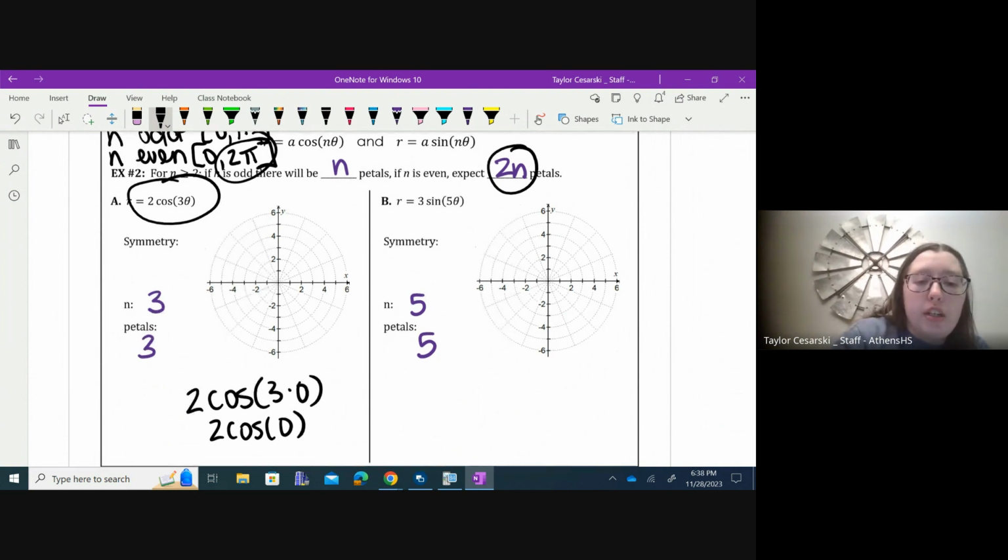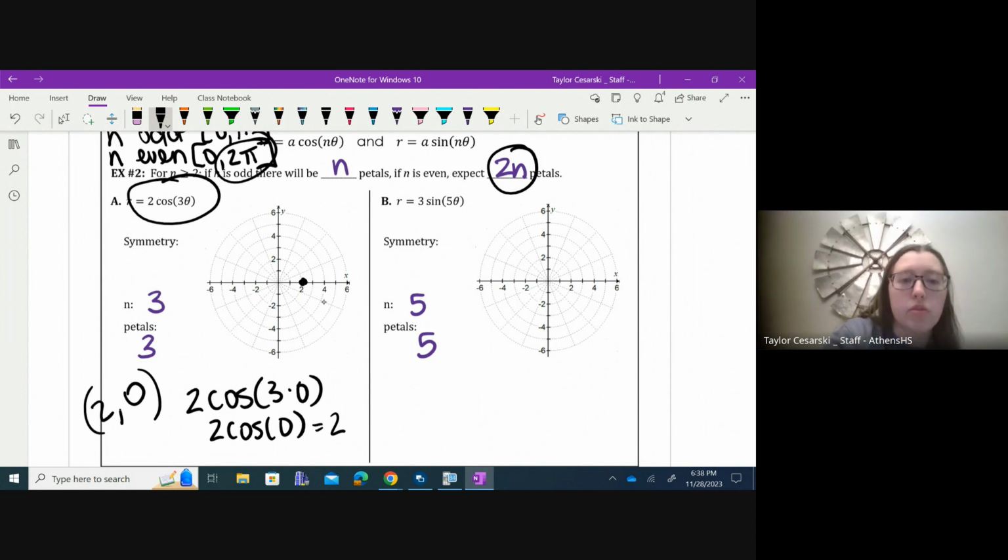Cosine of 0 is 1, so that means 2. So the point here would be (r, theta), so (2, 0). I'm taking 2 steps towards the angle 0, so that's going to be a point. If this was multiple choice, you could narrow down which one has that point. This will have x-axis symmetry, or sometimes you'll hear this referred to as polar axis symmetry, because it's a cosine function.